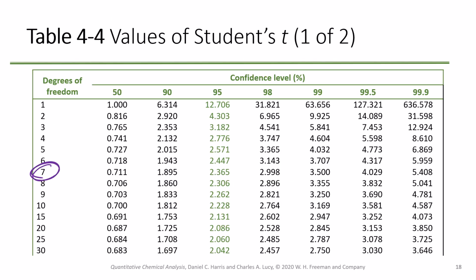Now, our degrees of freedom are 7. They did not tell us the confidence level, so I can say that the t-table value is 2.36.